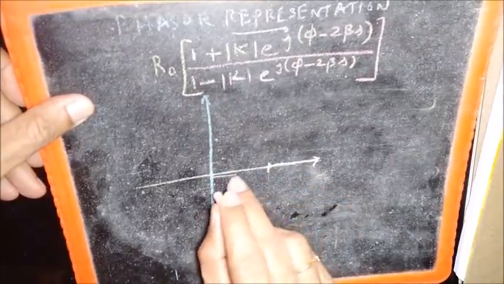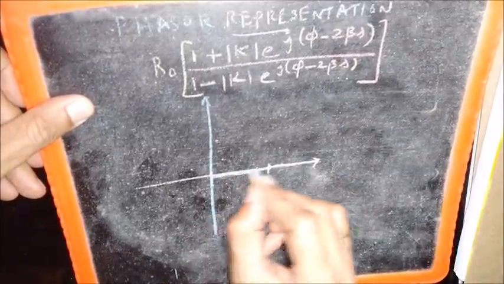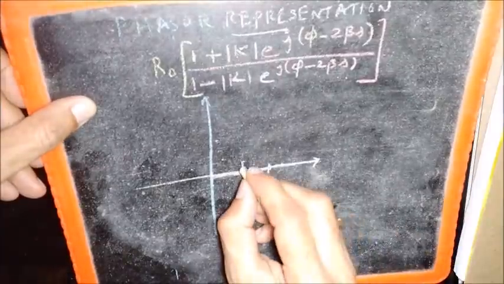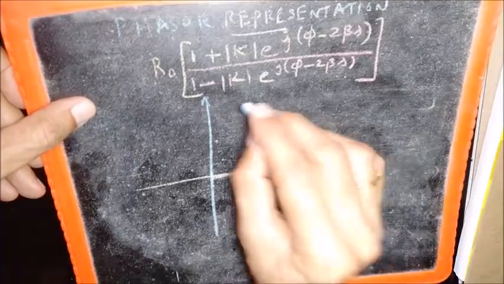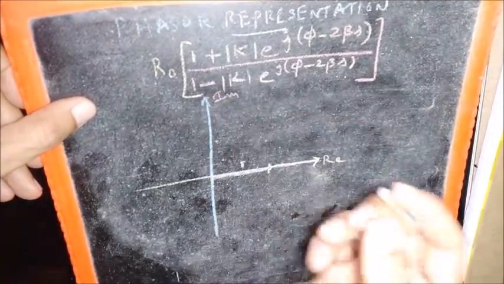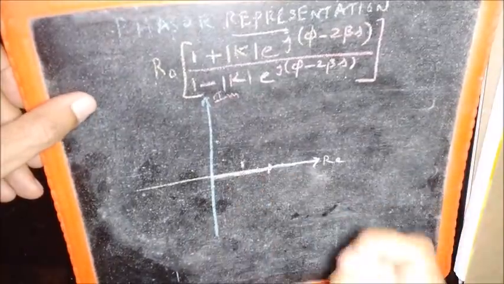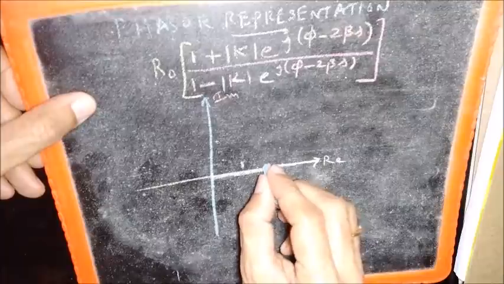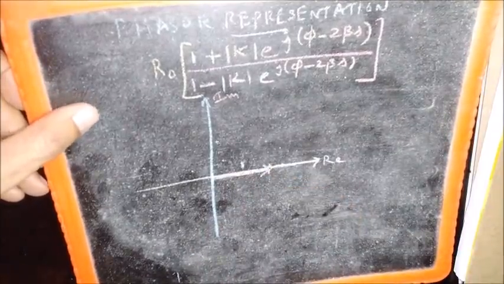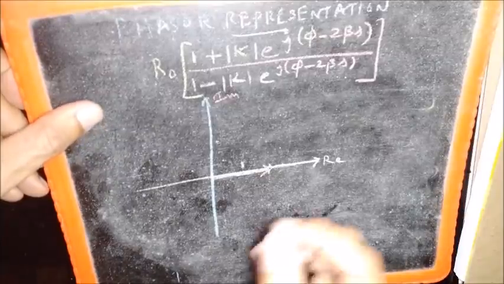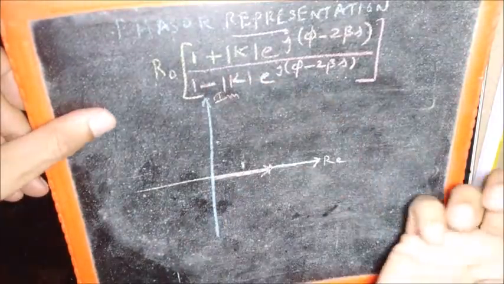So 1 has phase 0 and magnitude 1. Let's say this is 1. Now we have this 1, which appears in both the numerator and denominator over here.